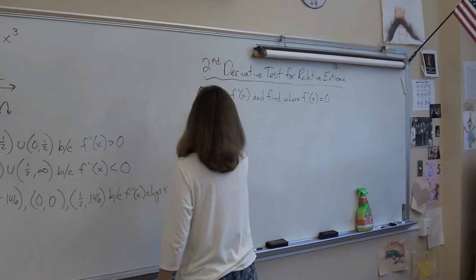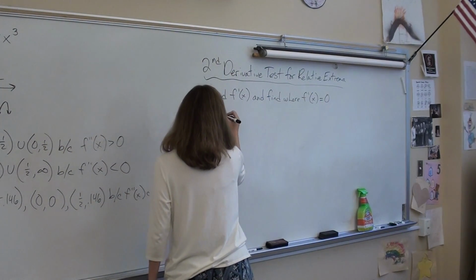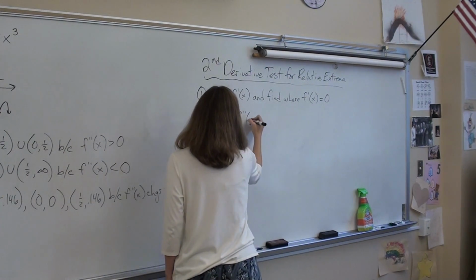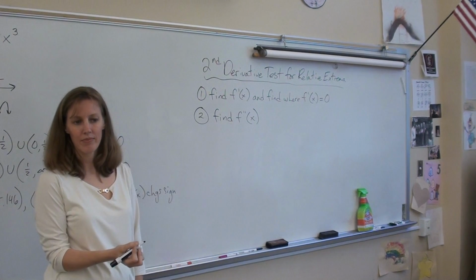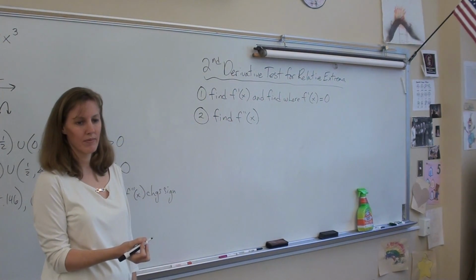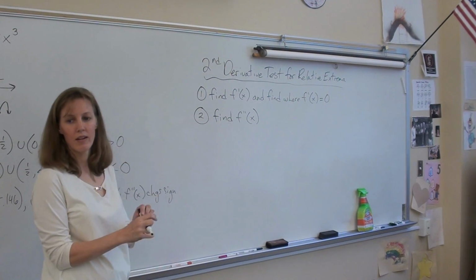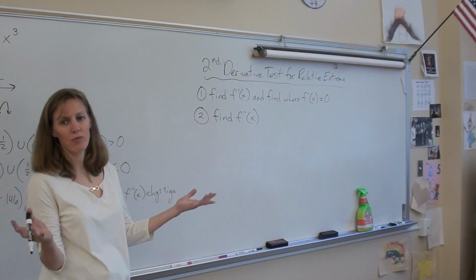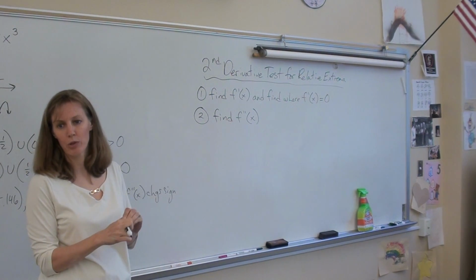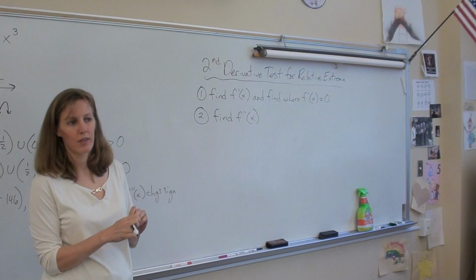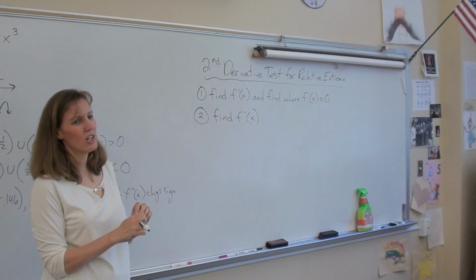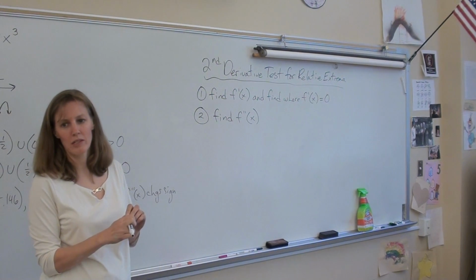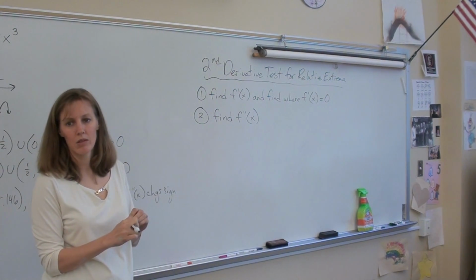Alright, step 2. You're going to find f double prime. So if there's an undefined value, then you have to do first derivative. You're making a sign line. You're back in sign line world. It's just an alternate method for finding relative extrema that sometimes works and sometimes doesn't.